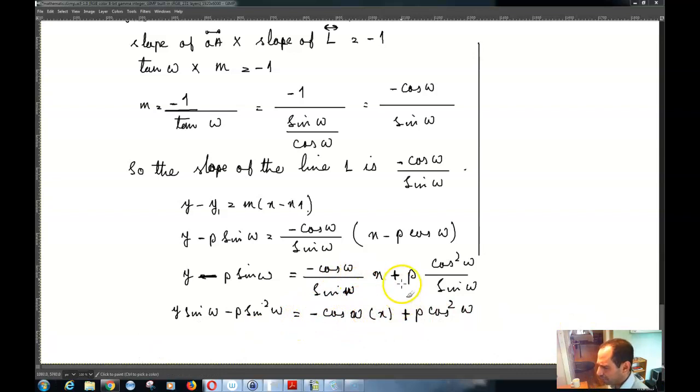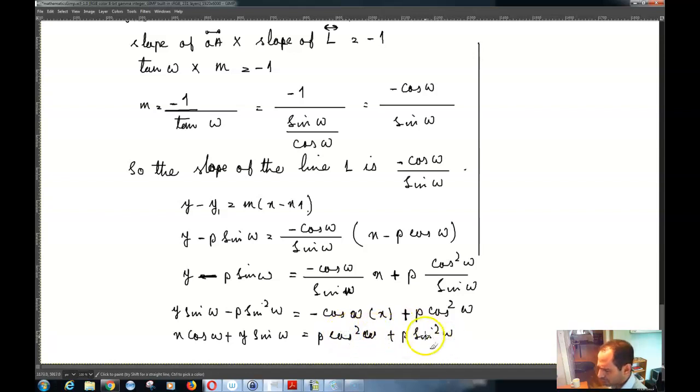So over here I have x times cos omega plus y times sine omega is equal to p times cos squared omega plus p times sine squared omega.